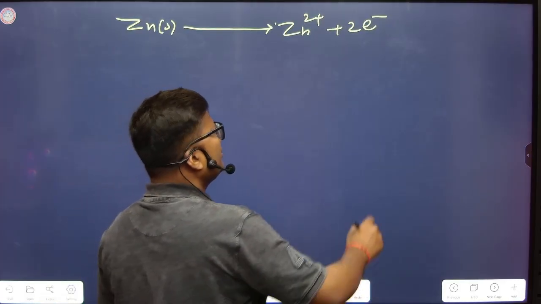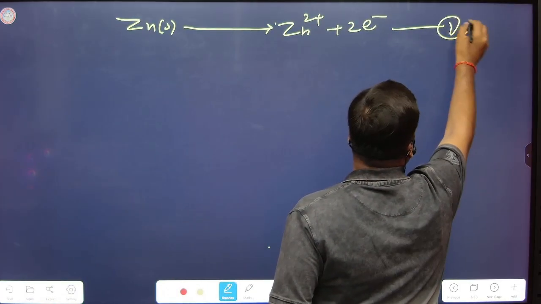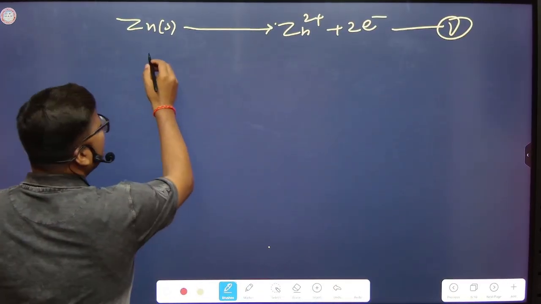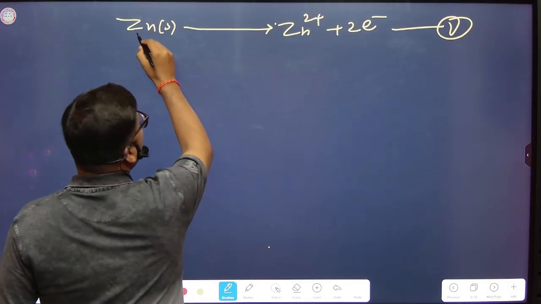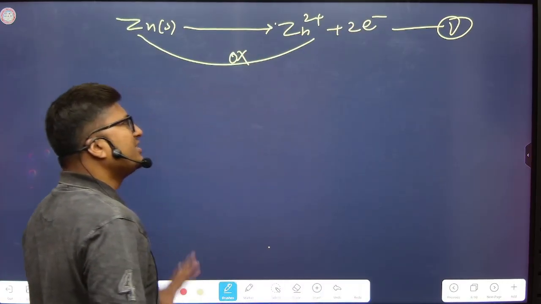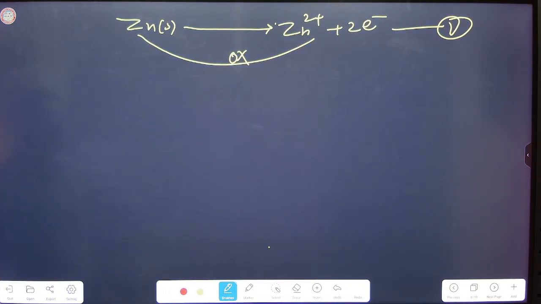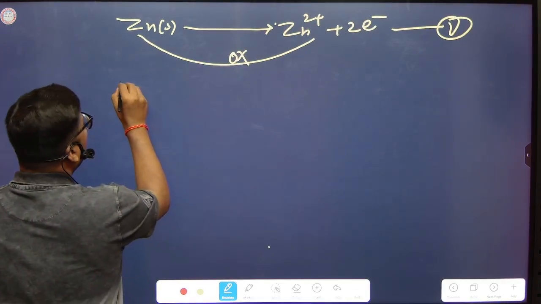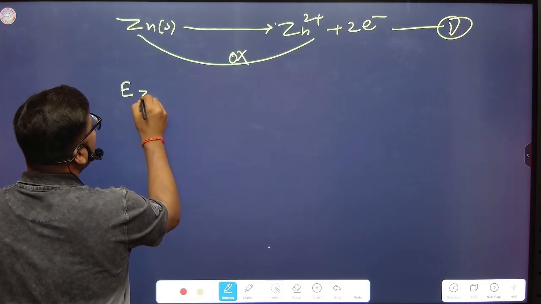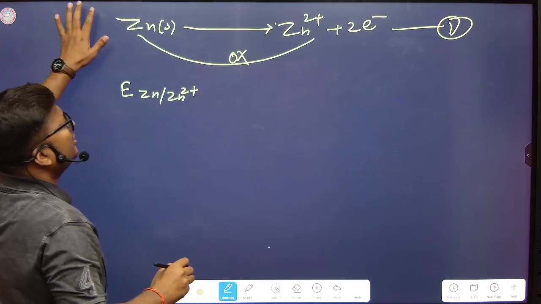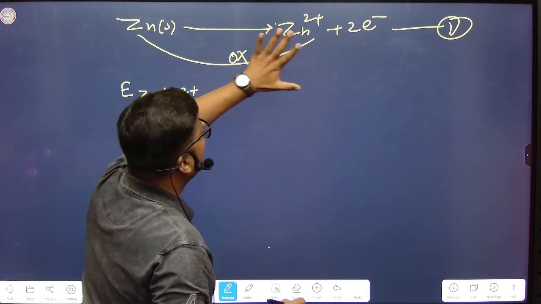So this is the first equation, right? So here this is your oxidation reaction, the oxidation half cell. So the electrode potential will be the oxidation potential. So what is the value of E for Zn to Zn2+, right? Because Zn 0 to 2+, it is getting oxidized.